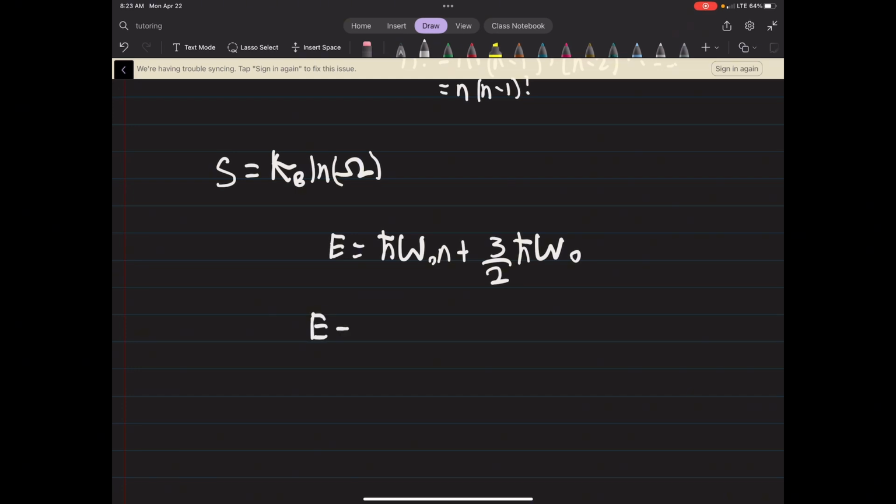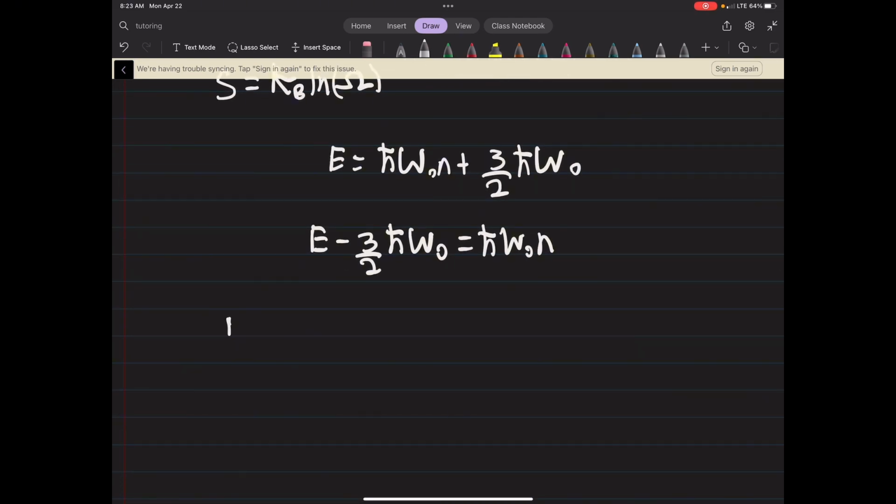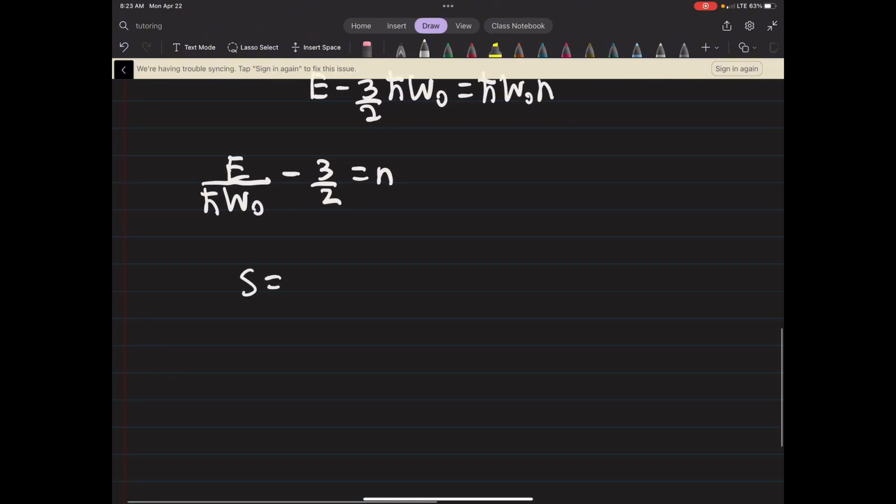So E minus 3/2 h bar omega naught equals h bar omega naught n, or E over h bar omega naught minus 3/2 is equal to n. So then the entropy is equal to k_B times the natural log of (E over h bar omega naught minus 3/2).